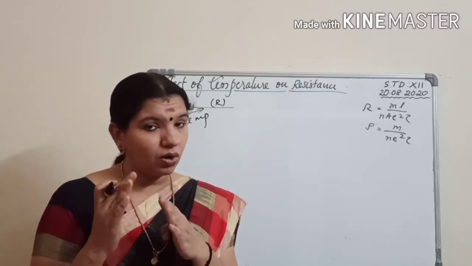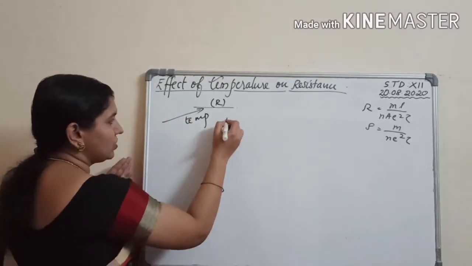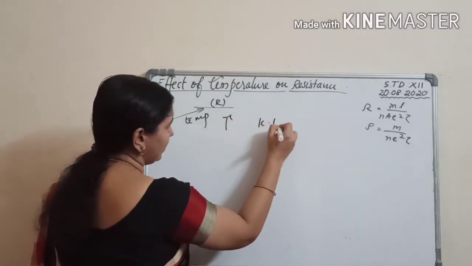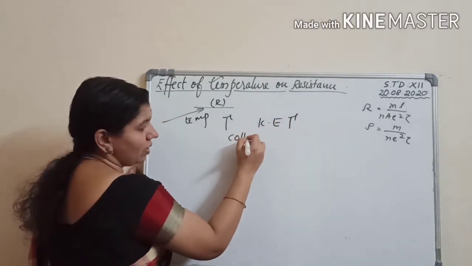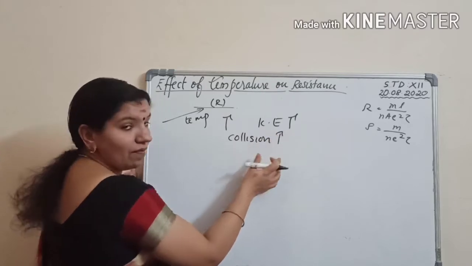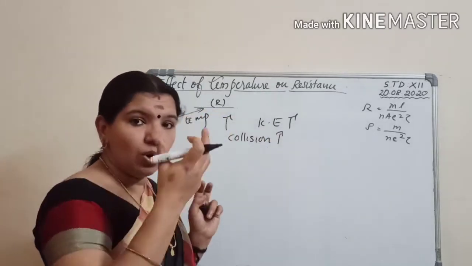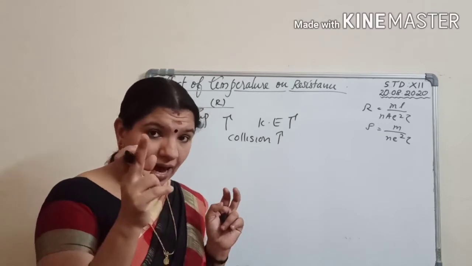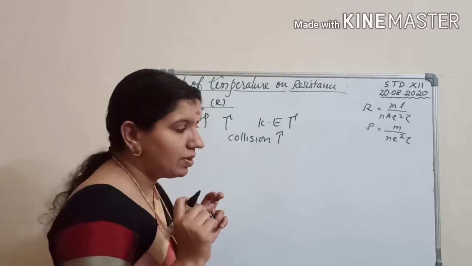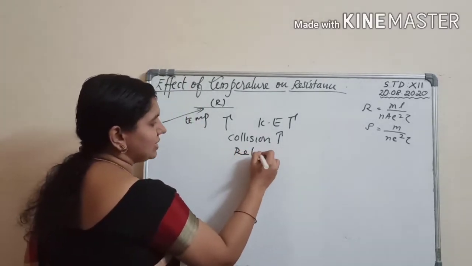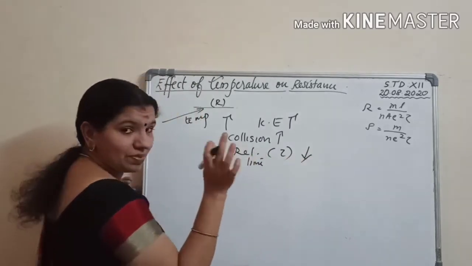This much we told in the previous class. When temperature is increased, kinetic energy is increased. As kinetic energy increases, collision is increased. When collision is increased, the time gap between two successive collisions gets reduced, and that time gap is called what? Relaxation time. So relaxation time will get reduced.